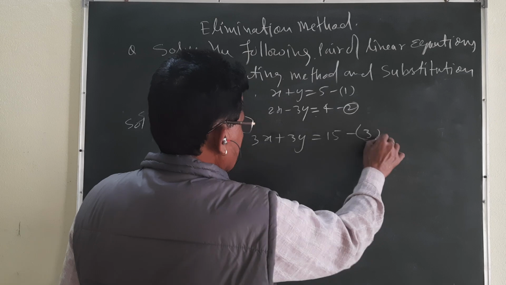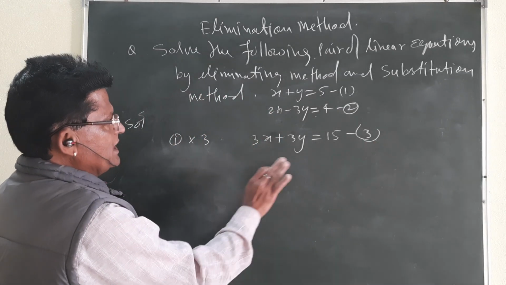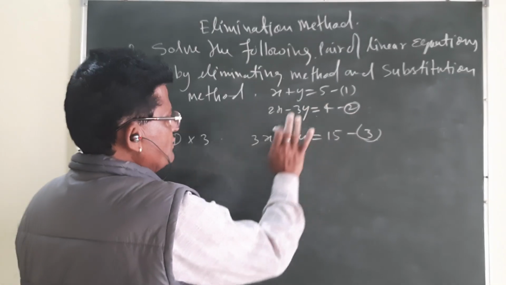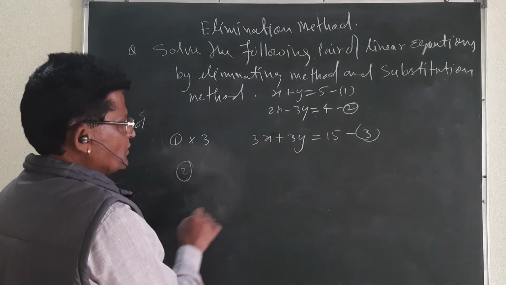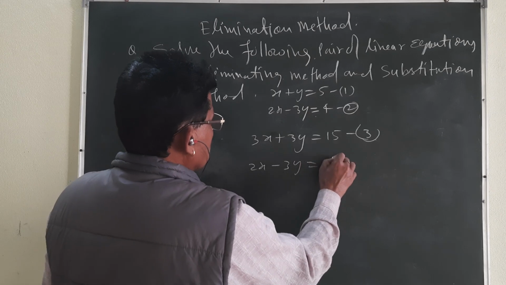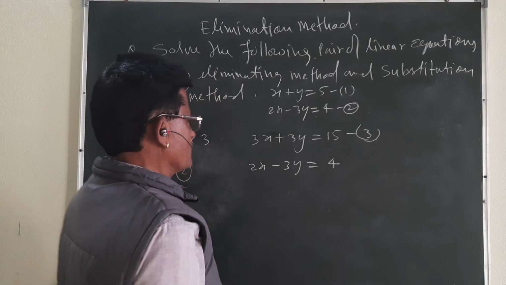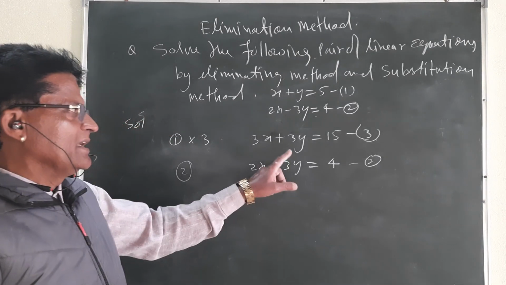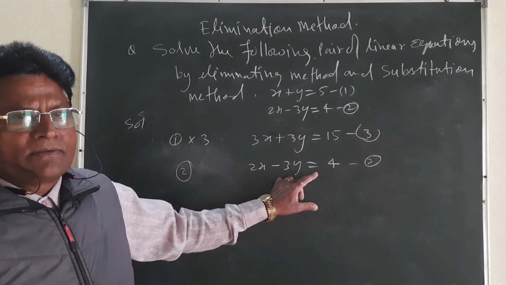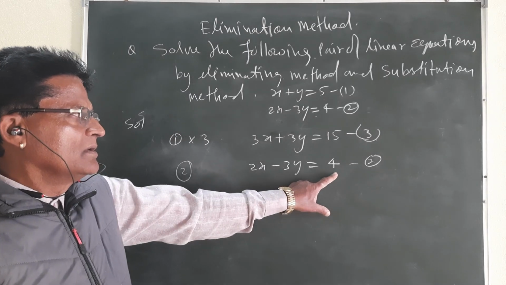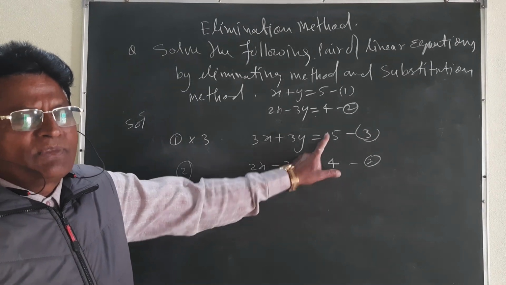Equation number 3. There is no need to change the second equation, so write it as it is: 2x minus 3y is equal to 4. This is equation 4.